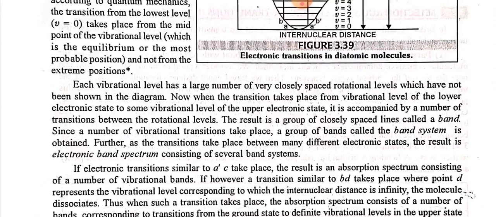The result is a group of closely spaced lines called branches. Since a number of vibrational transitions take place, a group of bands called a band system is obtained. Further, as transitions take place between many different electronic states, the result is that the electronic band spectra consist of several band systems.